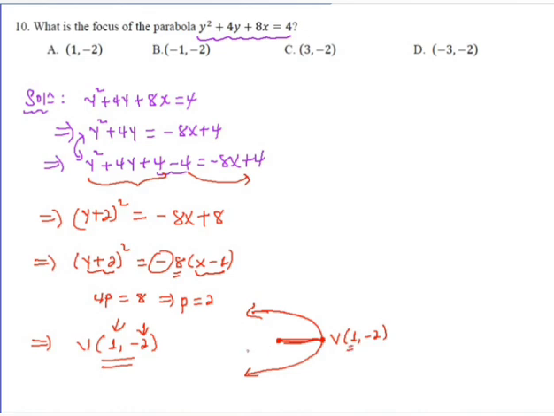Now at the focus x will be minus 1. When we move 2 units to the left, x will be minus 1 and y remains as it is. Therefore, the focus of this parabola is minus 1 comma minus 2. So this is the focus. So our answer will be B.